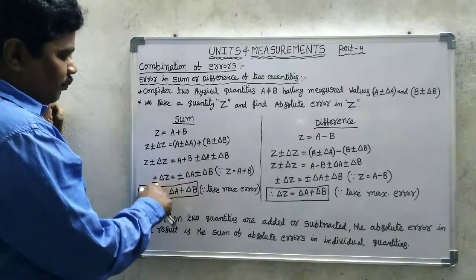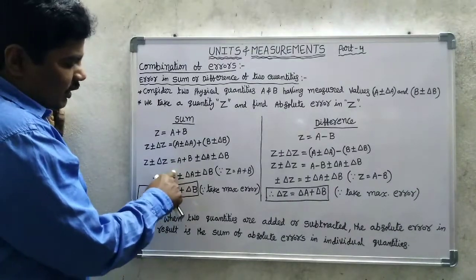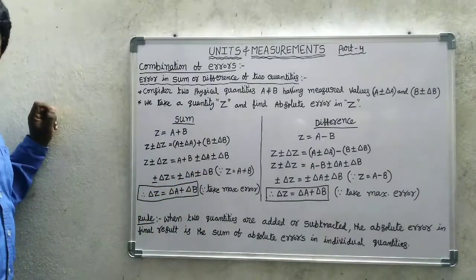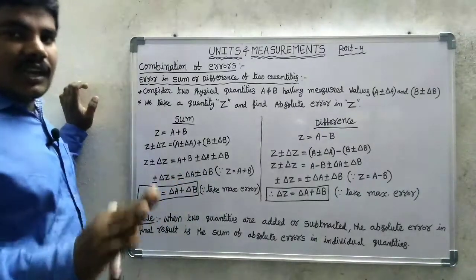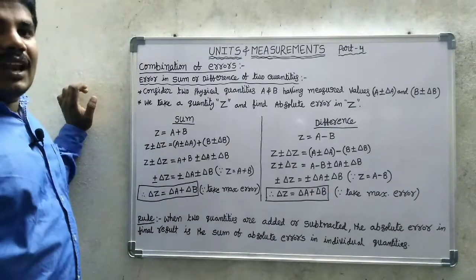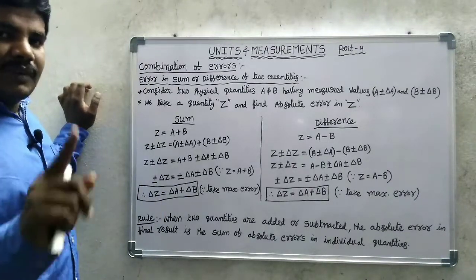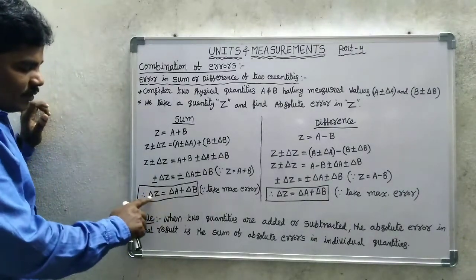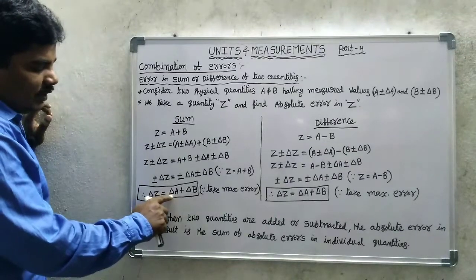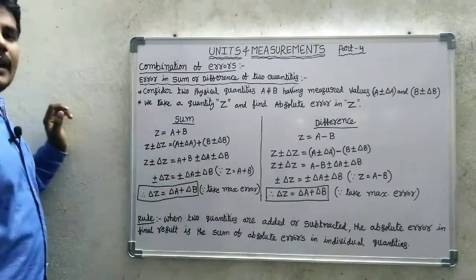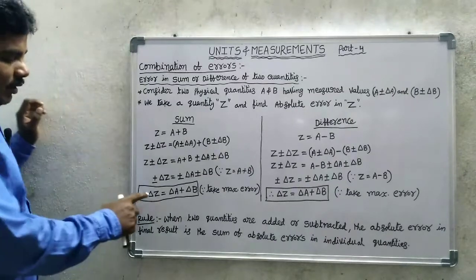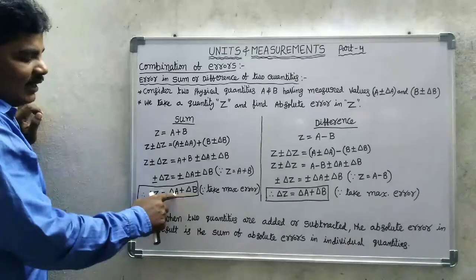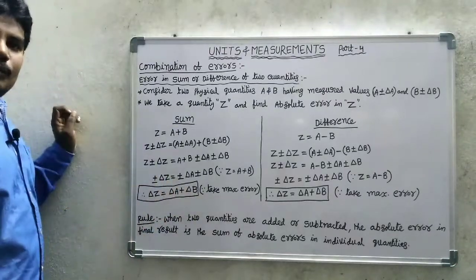So we get plus or minus delta Z is equal to plus or minus delta A plus or minus delta B. But we always consider maximum error in the measurement. That's why we take only positive sign. So delta Z is equal to delta A plus delta B. So the absolute error in Z is equal to delta A plus delta B.